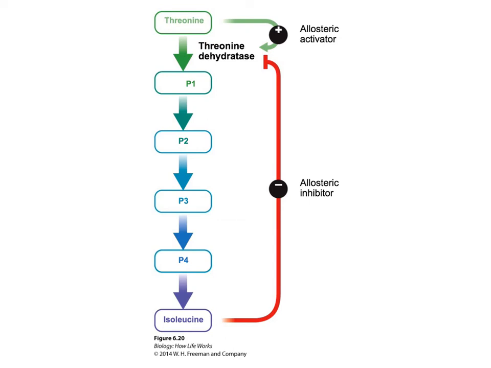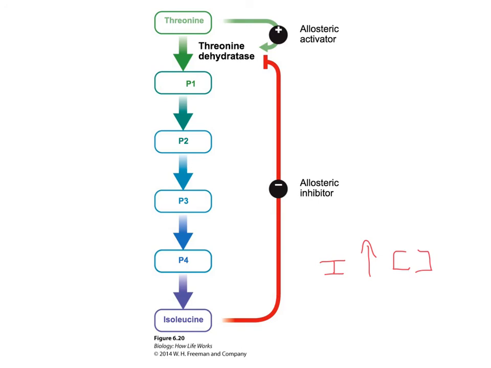Now imagine we have a situation where we have a high level of isoleucine. So I ask the question, if isoleucine, which I'm just going to call I, is high, do you want to keep producing it? So if I is a high concentration, that's what that up arrow means. Do we want to keep producing it?